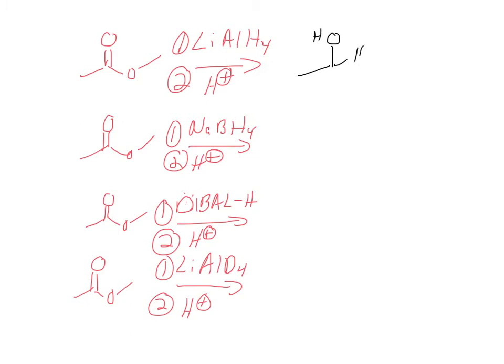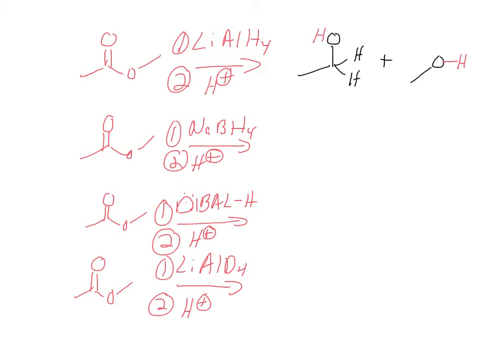You added 2 H's here. Those H's came from the hydride. And then you're going to add an H on the alcohol that came from the H+. So you keep track of where the H's came from. These 2 H's came from there. Actually, I take that back. That H also came from the H+.